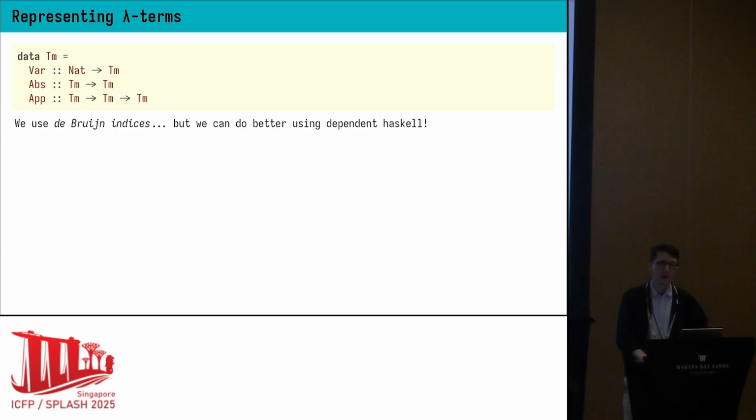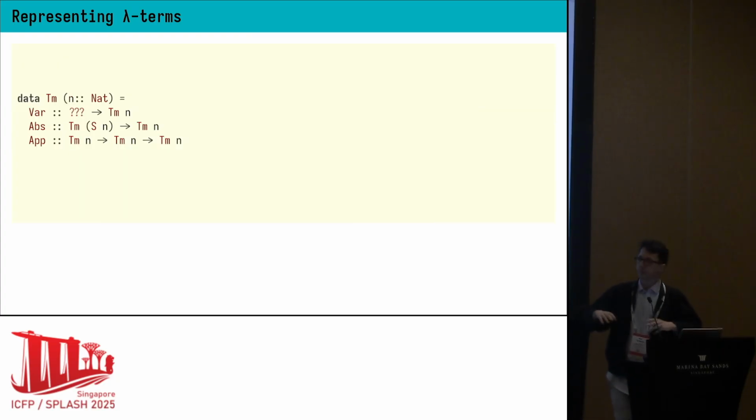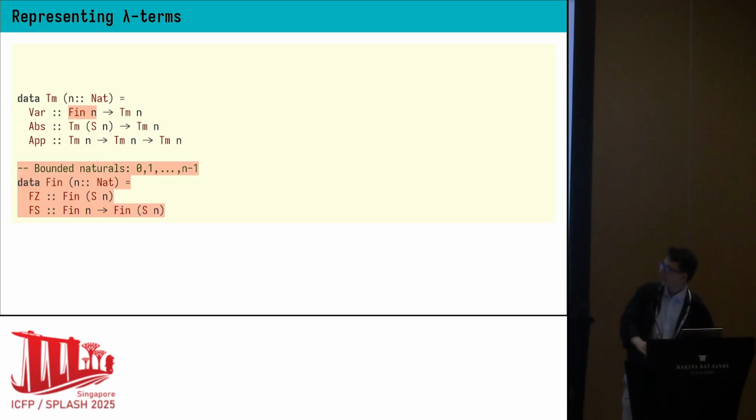Haskell. What we can do here is index our whole representation of terms by a natural number, which is gonna act as an upper bound on the number of free variables in the term. To get this idea to work, we use this Fin n type instead of the Nat type, which represents natural numbers, yes, but only the ones which are smaller than the index of the type.